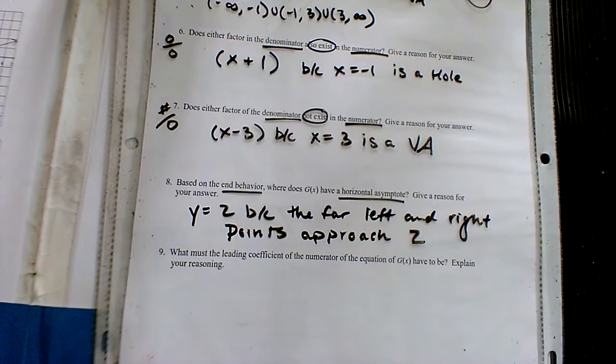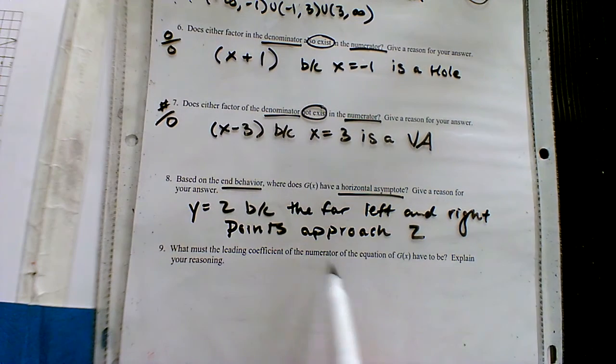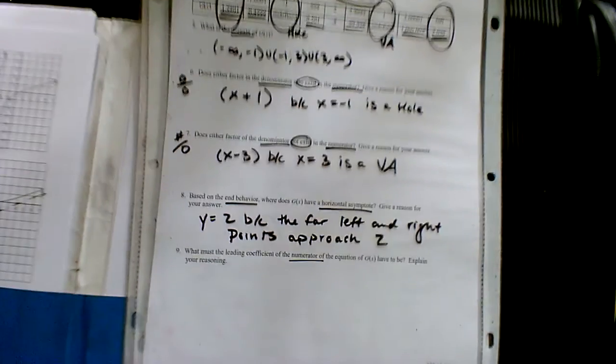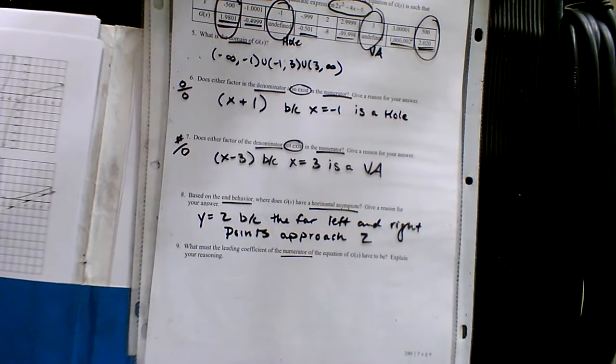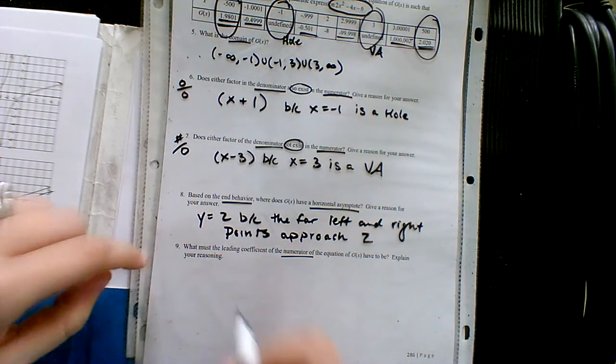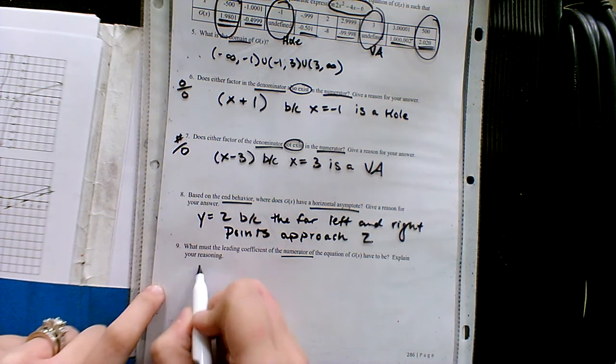Last one. What must the leading coefficient of the numerator be? We're just looking for the top leading coefficient. Yeah? 4. How'd you get it? That's good. Since the horizontal asymptote is 2, the leading coefficients of the top and the bottom are divided to find the horizontal asymptote. All right, hold on.